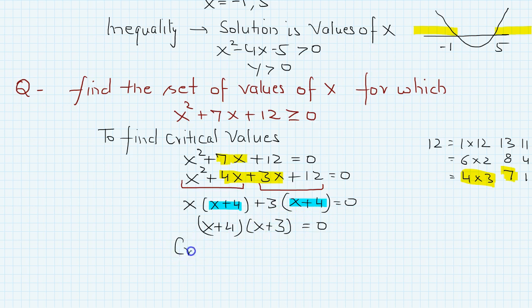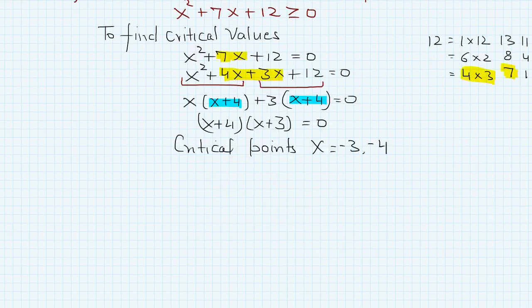So our critical points: equate x plus 3 equal to 0, so x will be minus 3. And x plus 4 equal to 0, x will be minus 4. So these are our critical points.